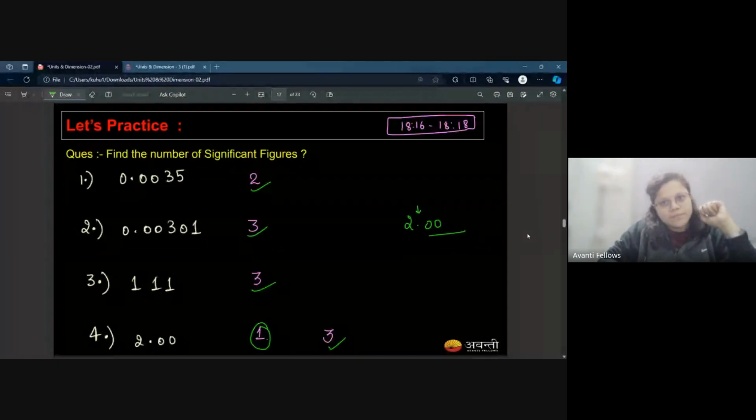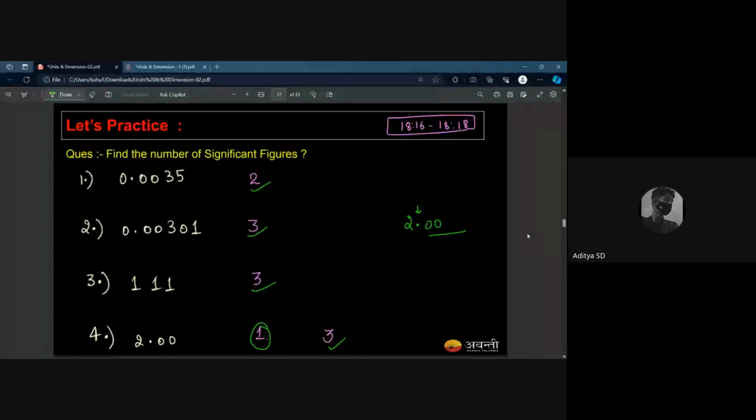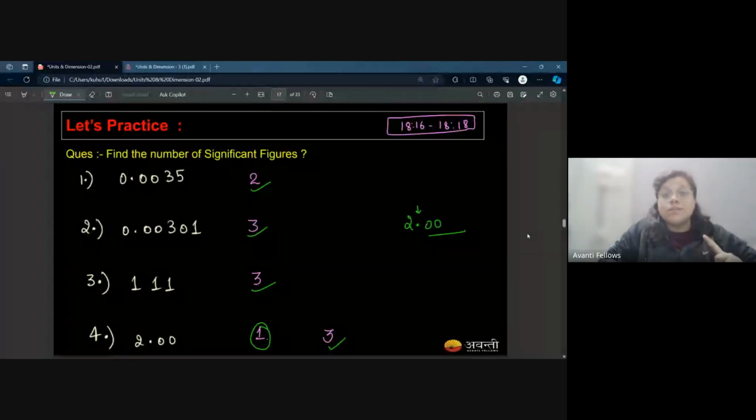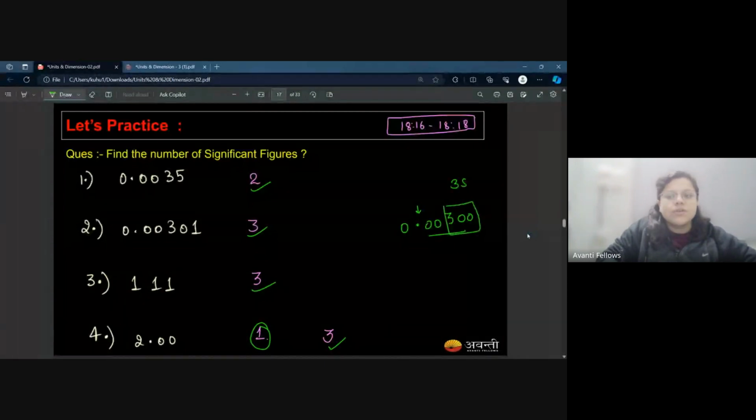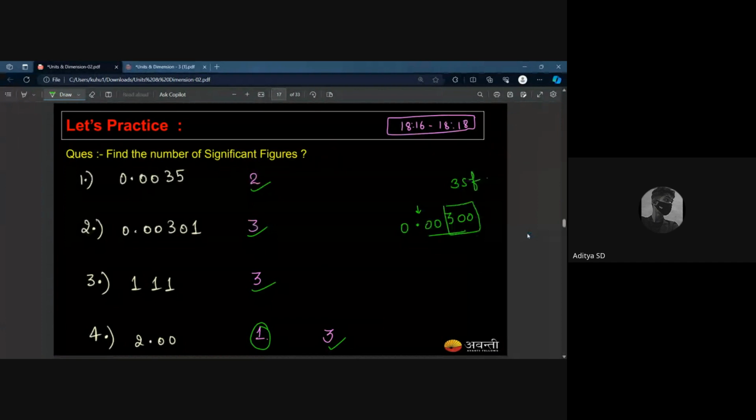But only make sure that they are not leading zeros. I mean, if I wrote it 2.03 and let's say here I have 0, in that case, only one significant figure would be there. But if I write 0, 0 here also, now you can give me the answer, ma'am, here I have 3 significant figures. Three. Is it okay? Yes, ma'am.